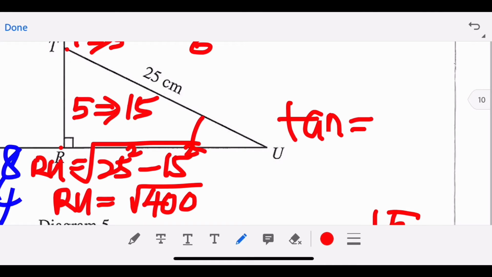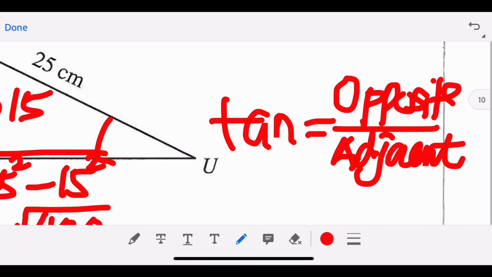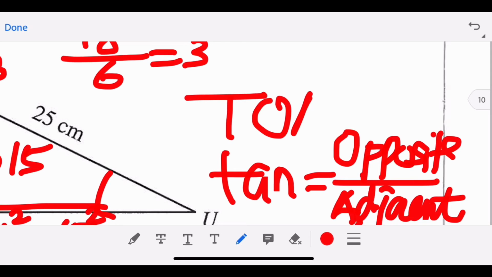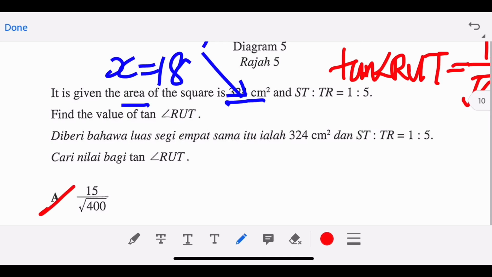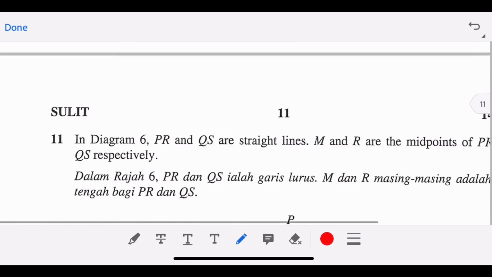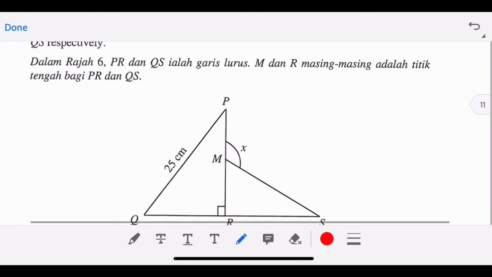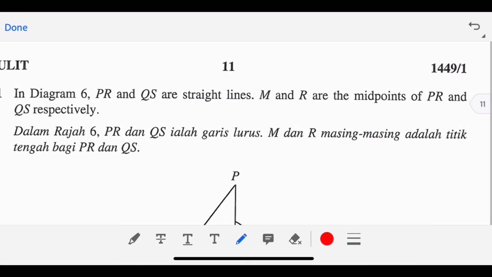The opposite length is 15, and the adjacent length is the answer we just got using Pythagoras theorem. So the answer is 15 over square root of 400. The options are given without simplifying the value, so you just choose the best answer.